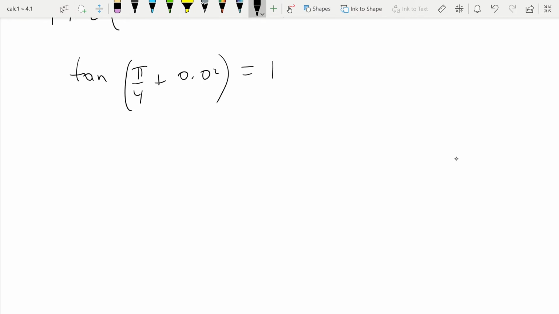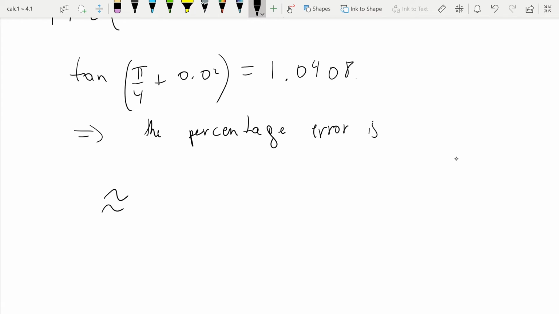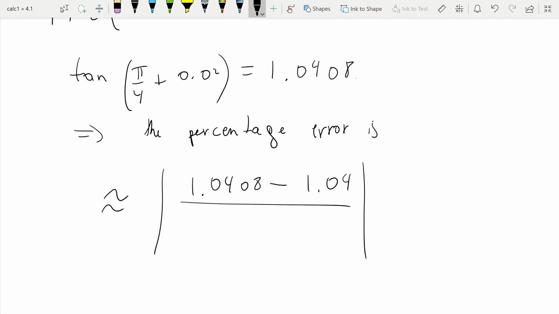So here, the tangent of pi over 4 plus 0.02 is 1.0408, etc. And so this implies that the percentage error is approximately equal to 1.0408, which is the actual value, minus 1.04, which is the value predicted by the linear approximation, divided by the actual value, again 1.0408, and then times 100%.